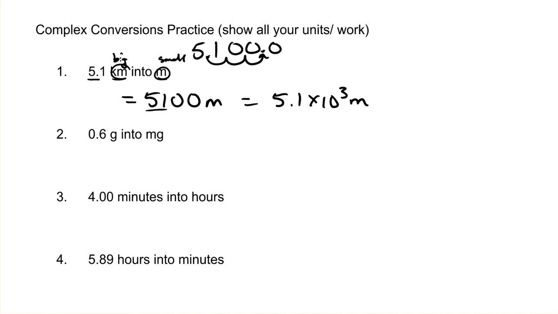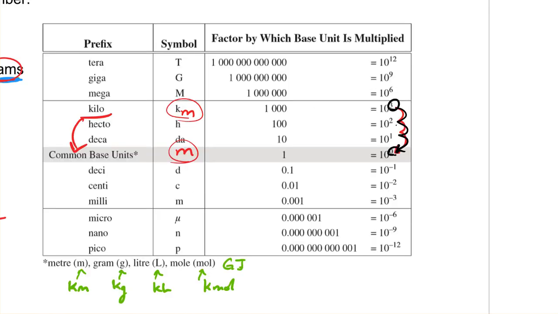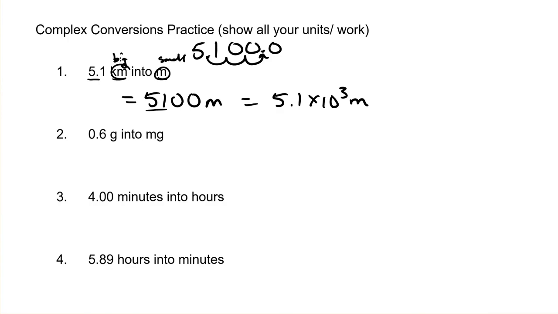0.6 grams into milligrams. So we'll go back to our table, and we're going from grams into milligrams. So we're going 0, 1, 2, 3. So that's 3 decimal places, and I got to make it bigger. Okay, so I got to move this 0.6.